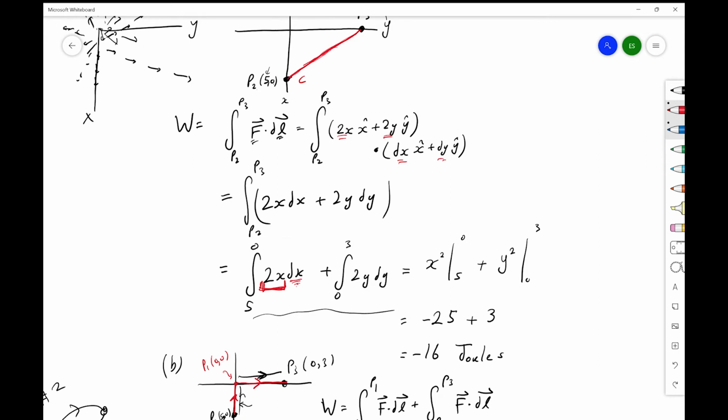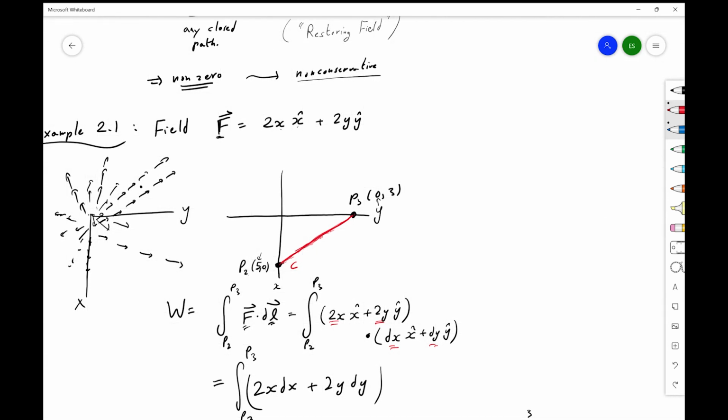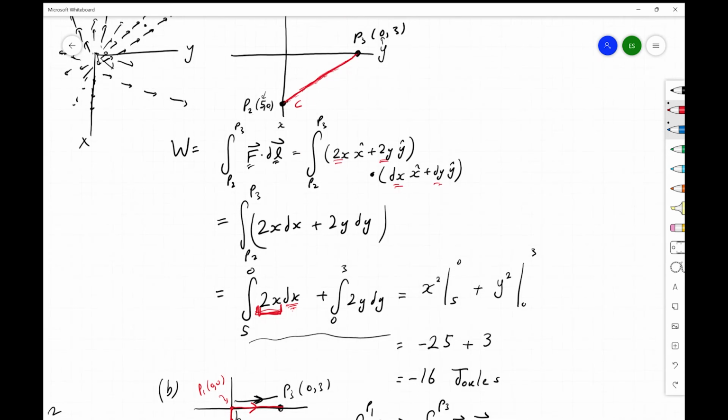If we had some y here, this integral would have been more complicated, because as x changes along the path, y also changes. So y would be a function of x along that path. This integral simplifies nicely because it's of course a contrived example where the x and y components of the f field are such that when we separate the integral, the integral with respect to dx ends up being just a function of x, and the integral with respect to dy ends up being just a function of y.